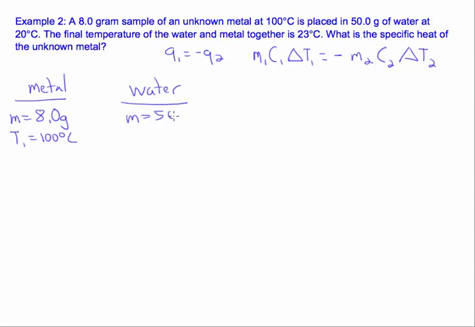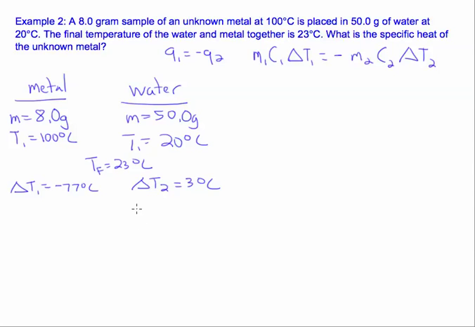We've got 50 grams of water at 20 degrees Celsius. And afterwards, they both go to 23 degrees Celsius. So our metal changes 23 minus 100, negative 77 degrees. And our water changes positive 3 degrees. We also know the specific heat of water. It's 4.18 joules per gram degree Celsius.